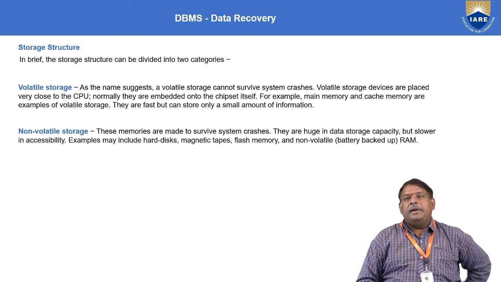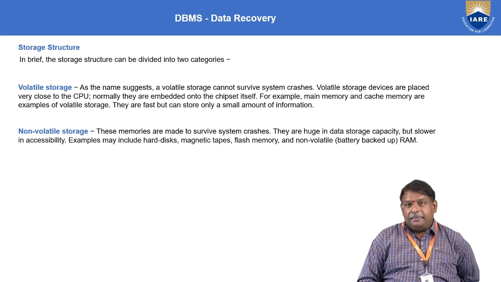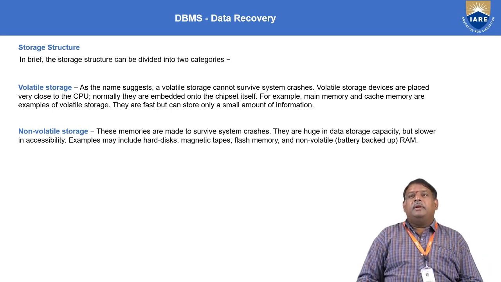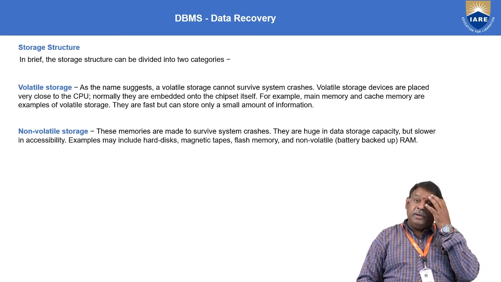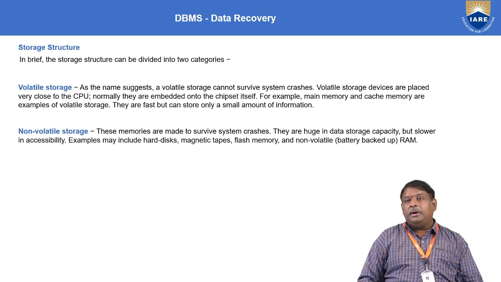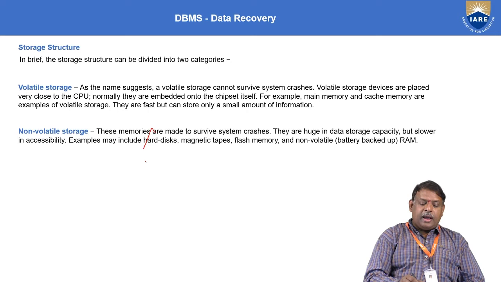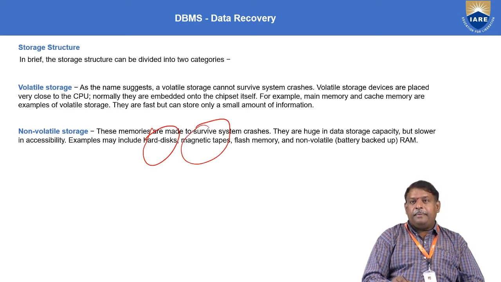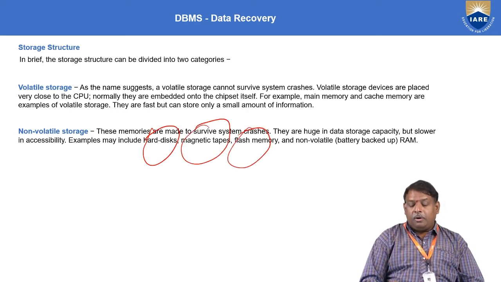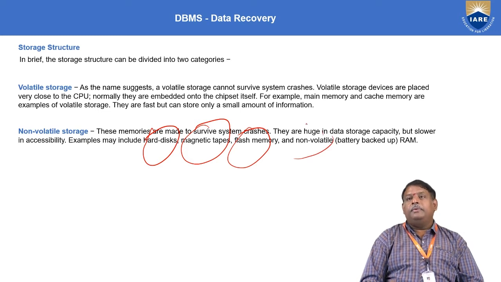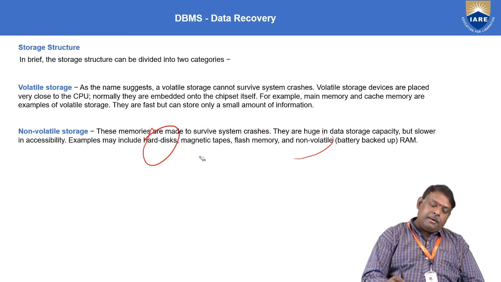Examples may include hard disk, magnetic tapes, flash memory, and non-volatile battery backed up RAM. These are all non-volatile, where they can store huge data, but accessibility would be slow.